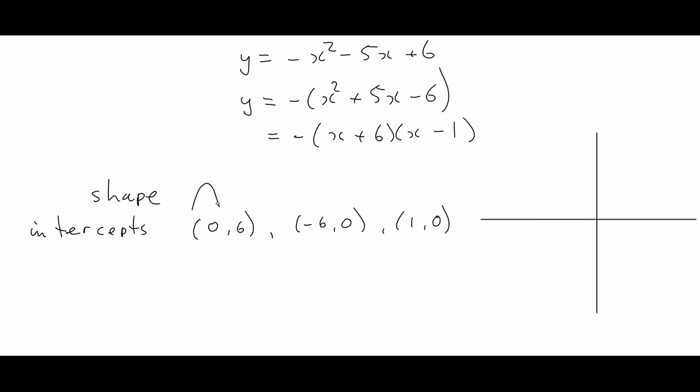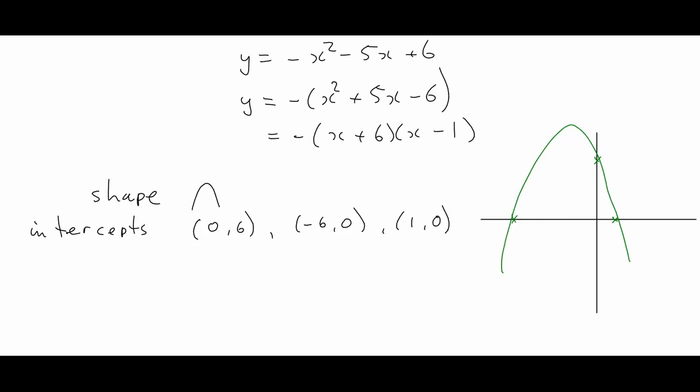As the curve is n-shaped, that has a maximum, in fact, as it goes through this point here on the y-axis, there on the x-axis and there on the x-axis, in order to do that, the curve must look like that.